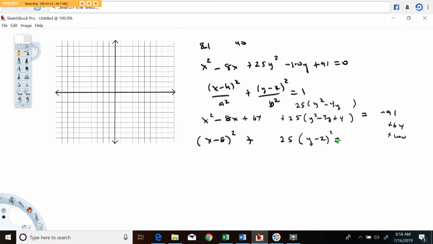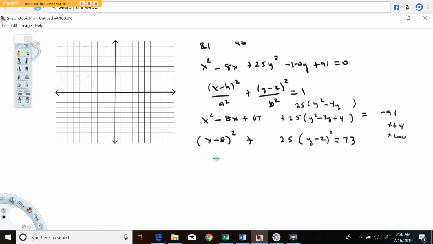On the right, minus 91 plus 100 is 9, plus the other added amount, and I'll double check my math: negative 91, we added the two amounts, 9 plus the rest, okay.